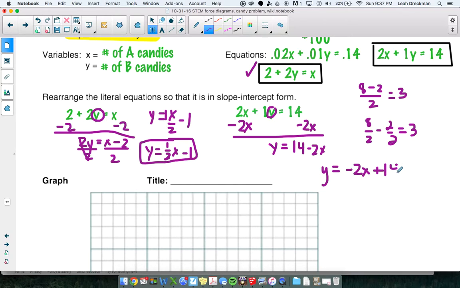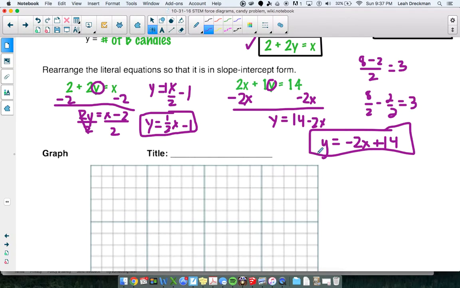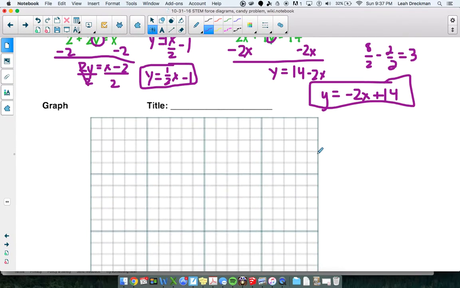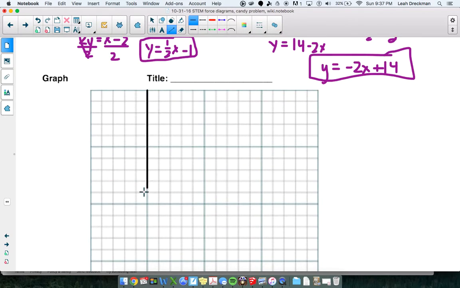All right, that, ladies and gentlemen, is probably the hardest part. Now that we got this done, just like with your position time graphs, we're going to graph these and find out where they intersect, and that's going to represent our solution. So I'm going to draw in x and y axes.